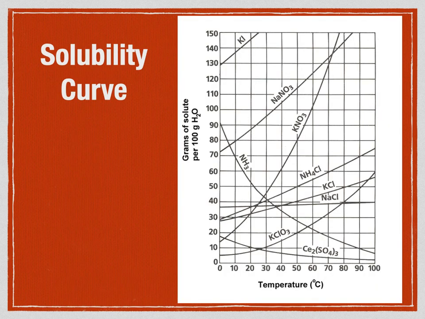One of the ways that we can measure saturation is by looking at what's called a solubility curve. A solubility curve measures the amount of solute that can dissolve at different temperatures. And so if you look along our x-axis here, we're looking at the different temperatures of these solutions. And if you look at the y-axis, we're looking at how much solute you can expect to dissolve.